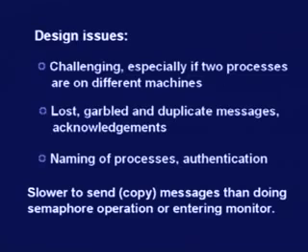Also, another major disadvantage with message passing is that because the processes are on different machines, sending a message, which is basically a copy operation from one machine to the other, takes much more time. So message passing is a slower mechanism than a semaphore operation or entering the monitor.